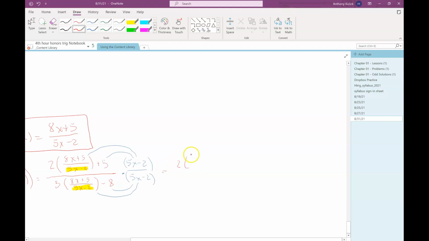It cancels with the denominator in that first fraction, leaving only the numerator. Which is a lovely, lovely result.